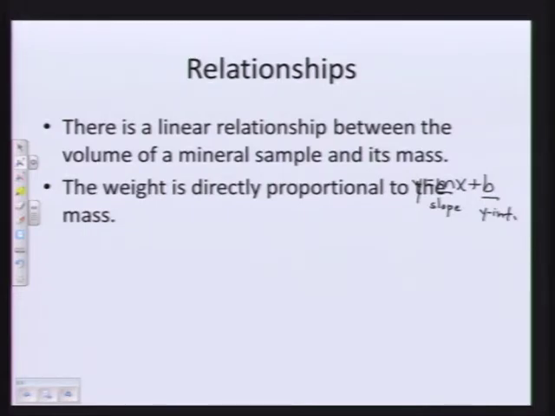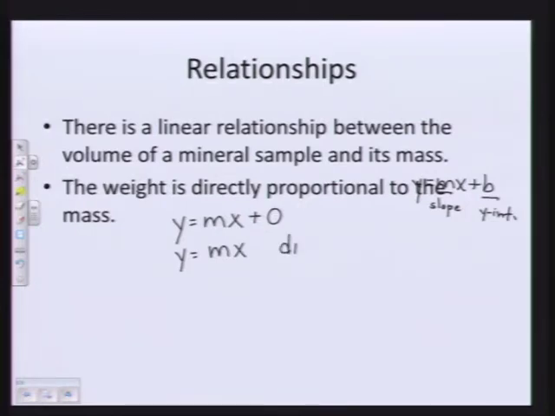If I have y is equal to mx, we said that the y-intercept would really be 0 in the real situation here, because if you've got 0 volume, you've got 0 weight. So my equation then would take the form of y is equal to mx, and that's a special kind of linear relationship.